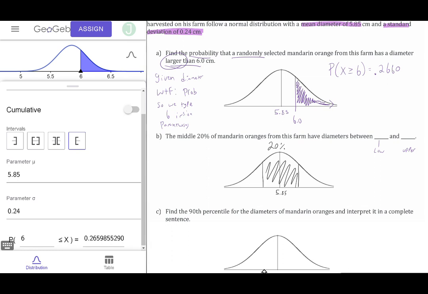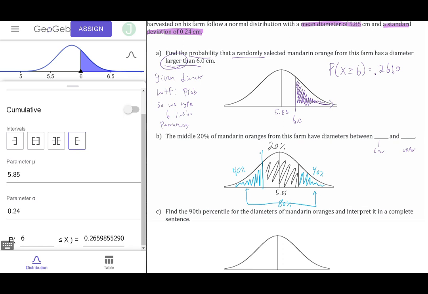All right, so if we know the middle 20% is what we're looking for, that means that there are 2 tails of this graph. The 2 tails of this graph will be whatever's left over. We know that the whole graph will add up to 100%. So if we have 20% in the middle, the 2 tails will be 80%. Splitting this in half, because these graphs are symmetric, will give us 40% in both tails.